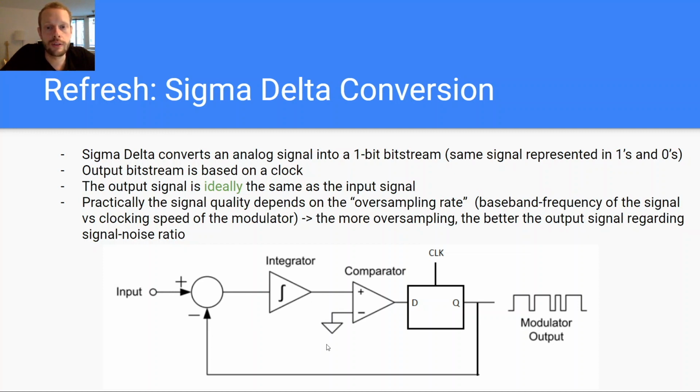The whole structure tries to regulate the output so that this modulator output signal is basically the same as the input signal, but represented only as ones and zeros. The more you oversample, the better the quality at the output in comparison with the input signal. But here you can see we have an external clock signal and a flip-flop, so this sigma delta converter is based on an external clock.